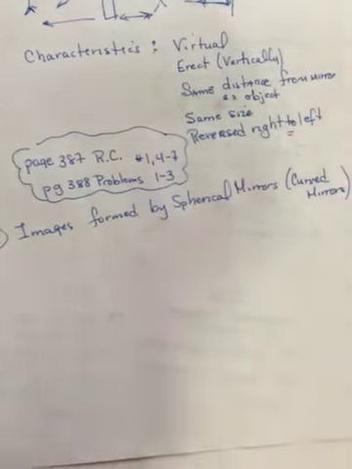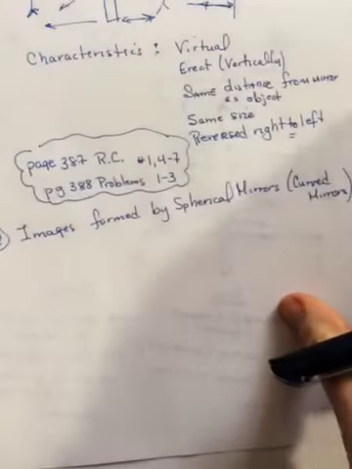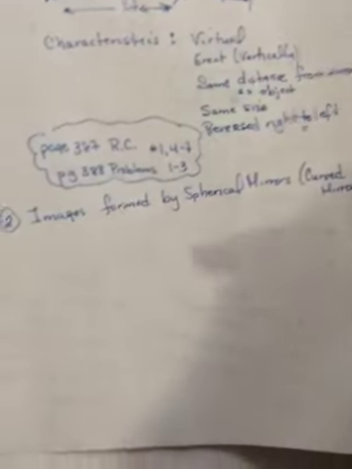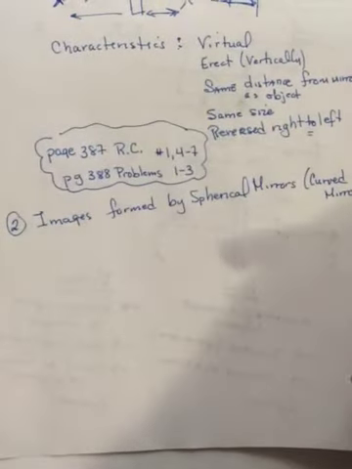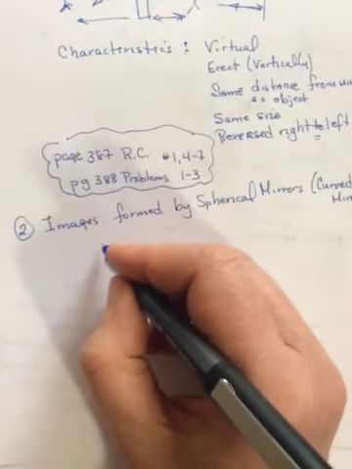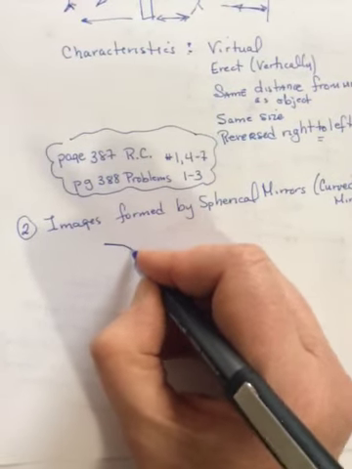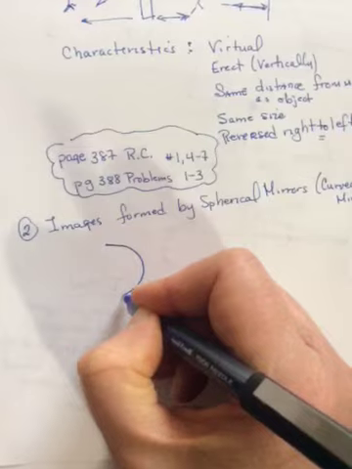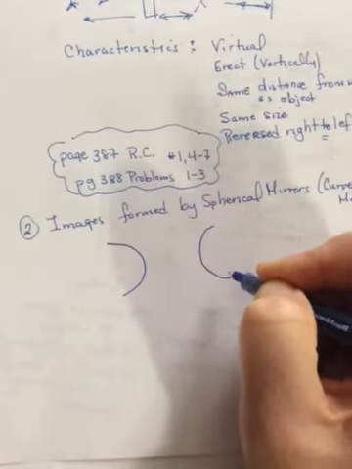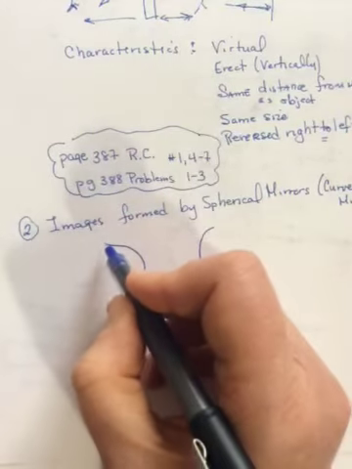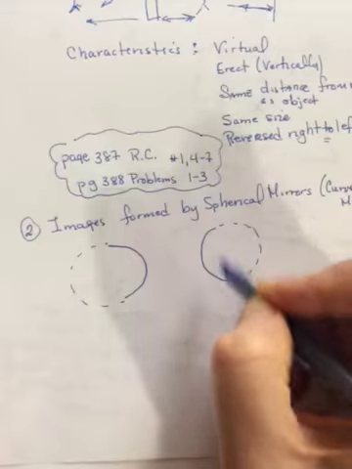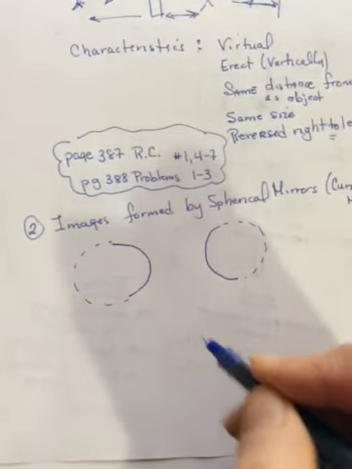These are the ones that can cause real mind games. They're used in fun houses and in places where they want to do optical illusions on you. A spherical mirror is simply a mirror whose center either curves in or bulges out. So its reflecting surface is a portion of a sphere. It's not all in one plane.